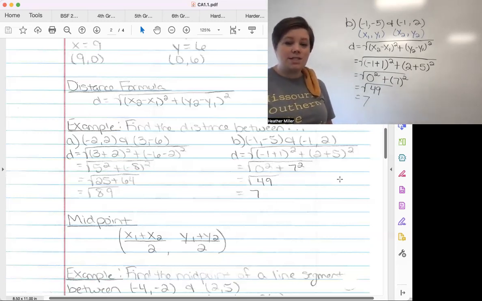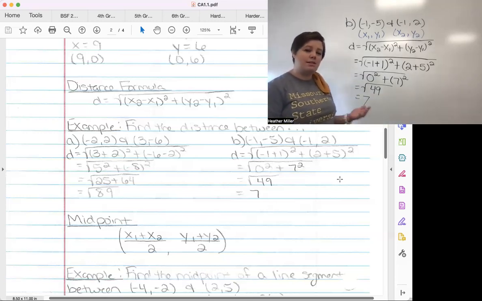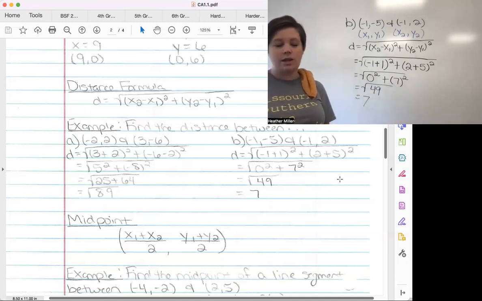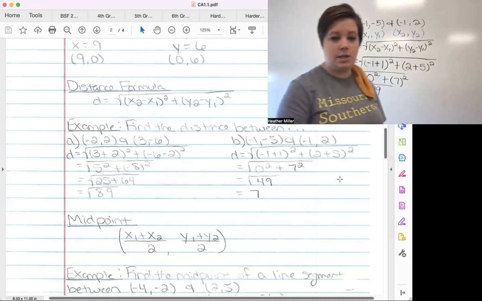We don't think about distances in terms of negatives. I'm not going to say I ran -7 miles today. I'm going to say I ran 7 miles today because that makes sense. I don't have a negative distance. And so you just want to give that primary positive square root solution for that. So that's distance, and that's how we use it.